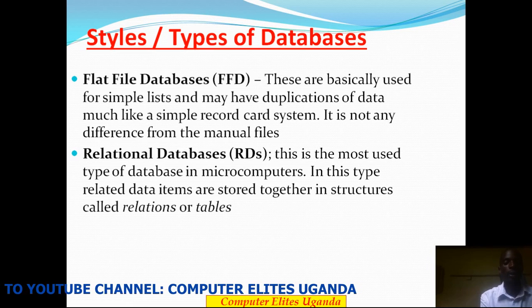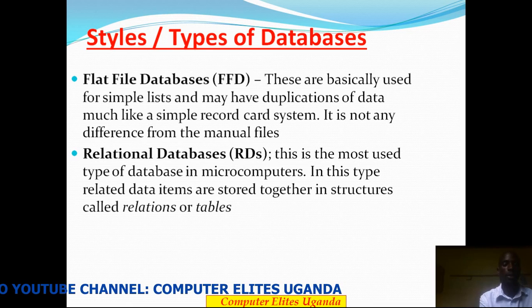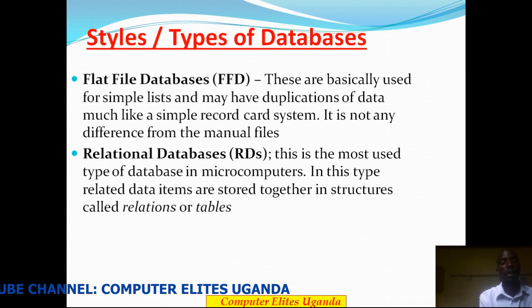So when you look at the report cards generated, especially in schools, it is one example I can give based on the flat file database. It has all information for a particular student as a report card when it is generated.